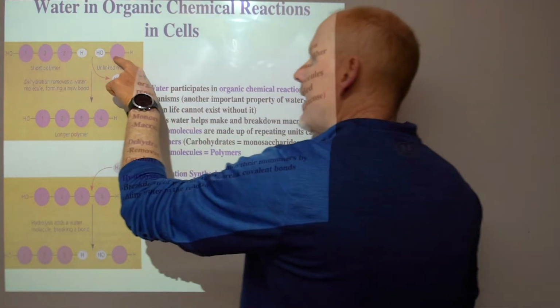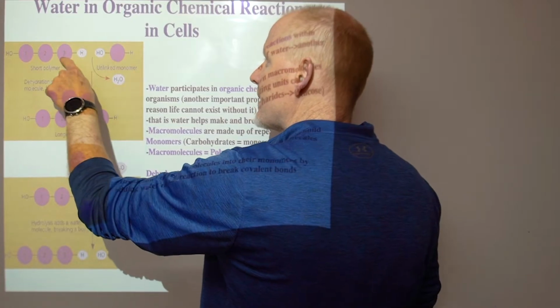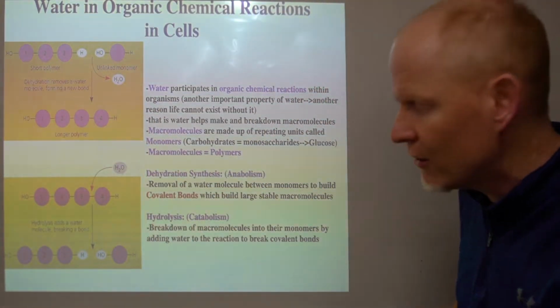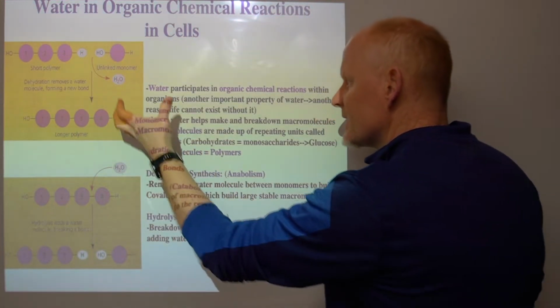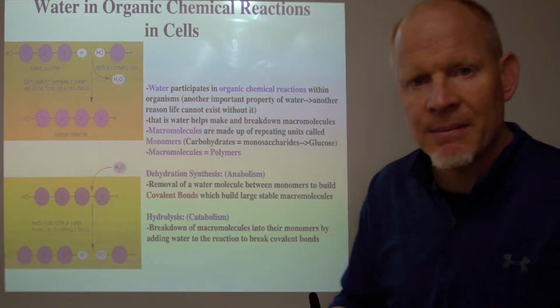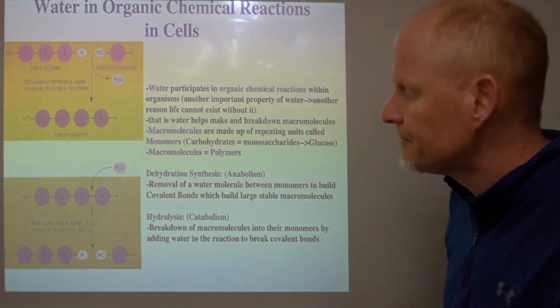And so I attach these, or I share electrons between the 3rd monomer and the 4th, and release a molecule of water. Dehydration synthesis, remove a water molecule. And that's how I form covalent bonds between my really large macromolecules.